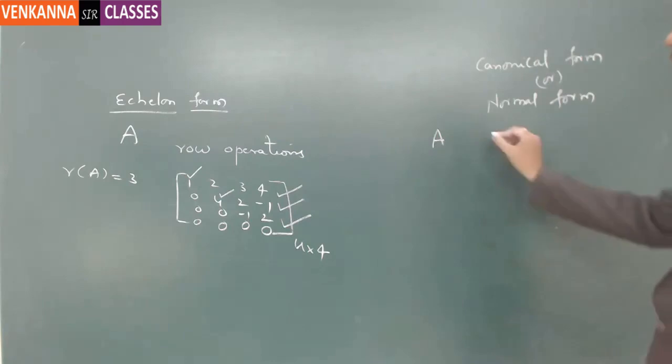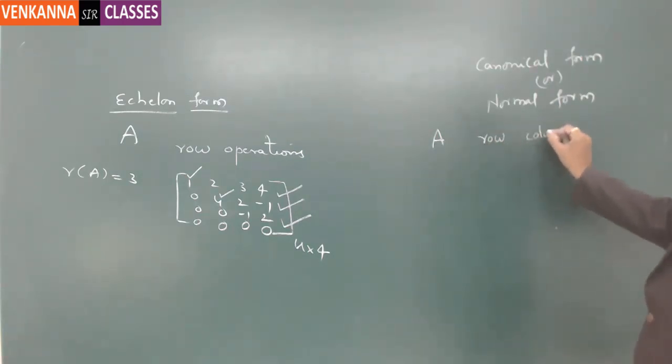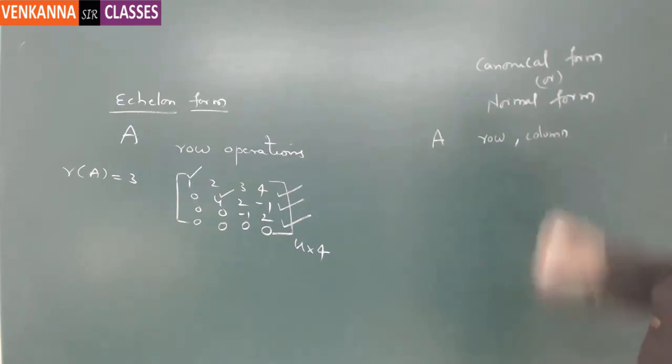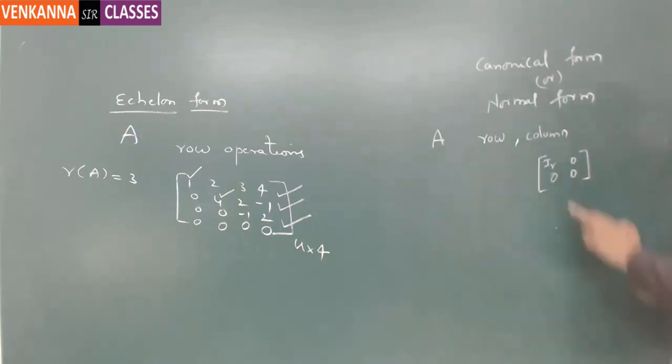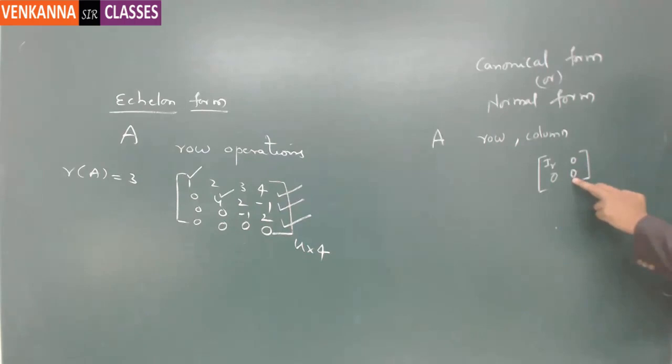On this matrix, we apply both row operations and column operations, and we reduce it to the form [I_r 0; 0 0]. These are zero matrices, and I_r is the identity matrix of order r. Whenever you have this type of form, this order r is called the rank of the given matrix.